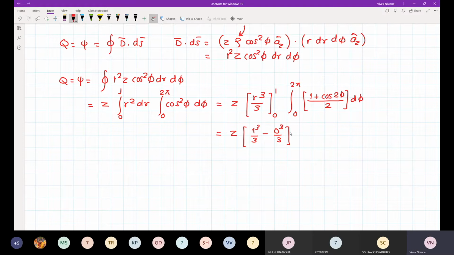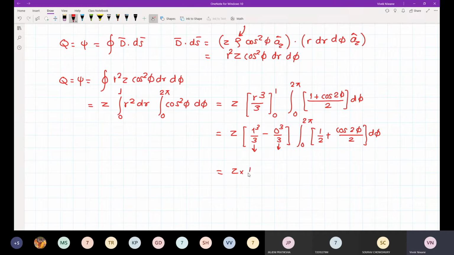So we can have the solution like the integral from 0 to 2 pi, and now we have two terms: 1/2 plus cos of 2 phi upon 2 d phi. Now I can say this is nothing but z, this is 1 by 3 and this is 0.